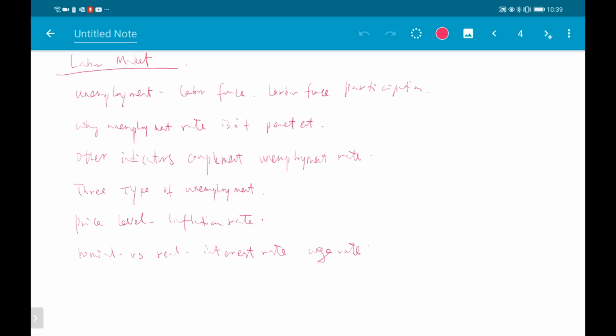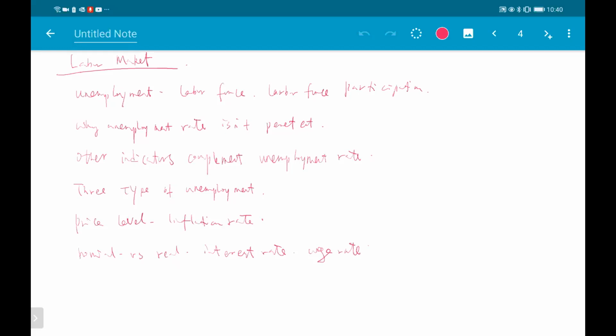And the last chapter we have discussed is about the labor market. We start with unemployment. We look at the labor market, how we characterize different individuals in the labor market, whether they are in the labor force or not, right? We also look at labor force participation.